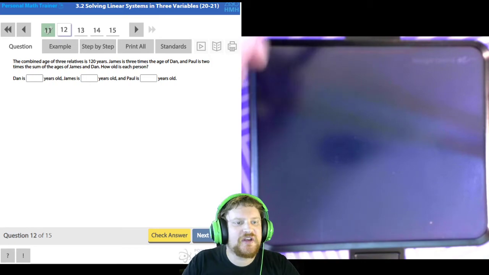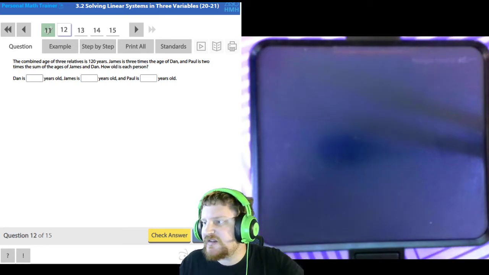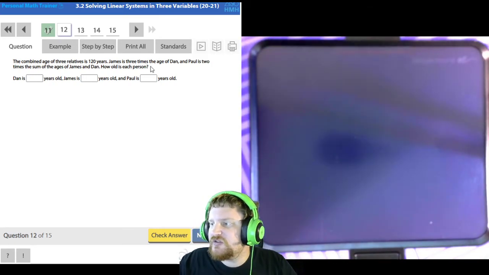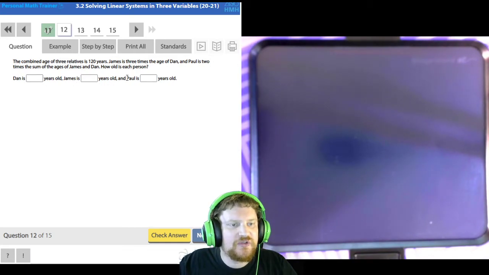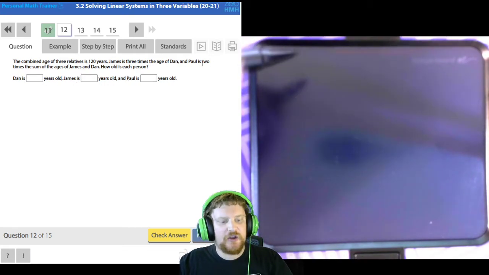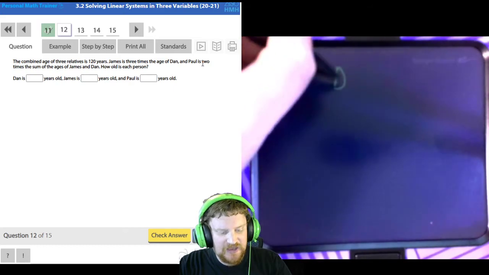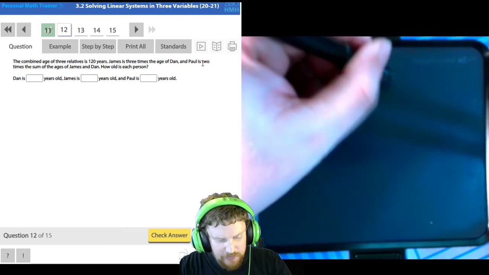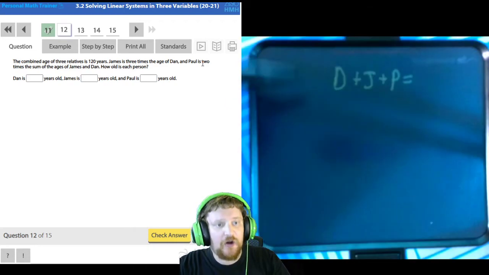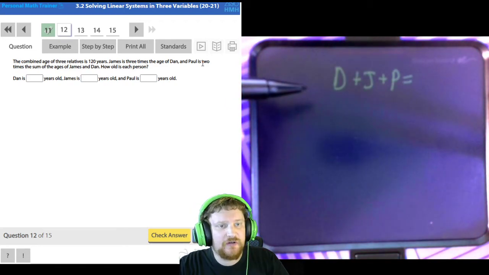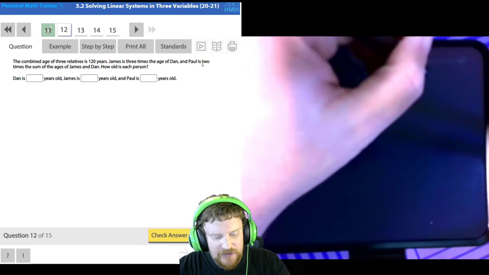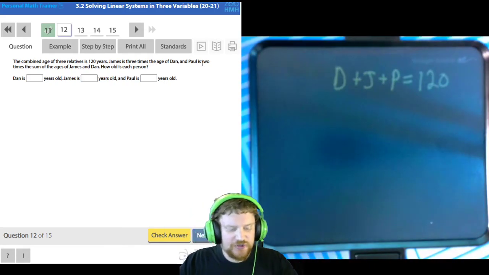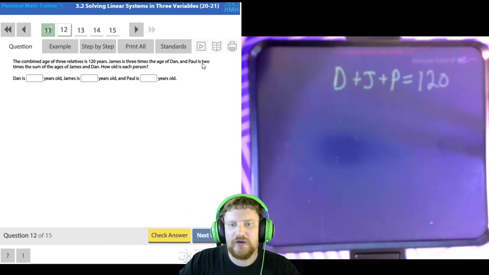Since they're asking for it with Dan first, then James, then Paul, our equation is going to be Dan plus James plus Paul. And we know that all of their ages put together is 120 years. So D plus J plus P equals 120.